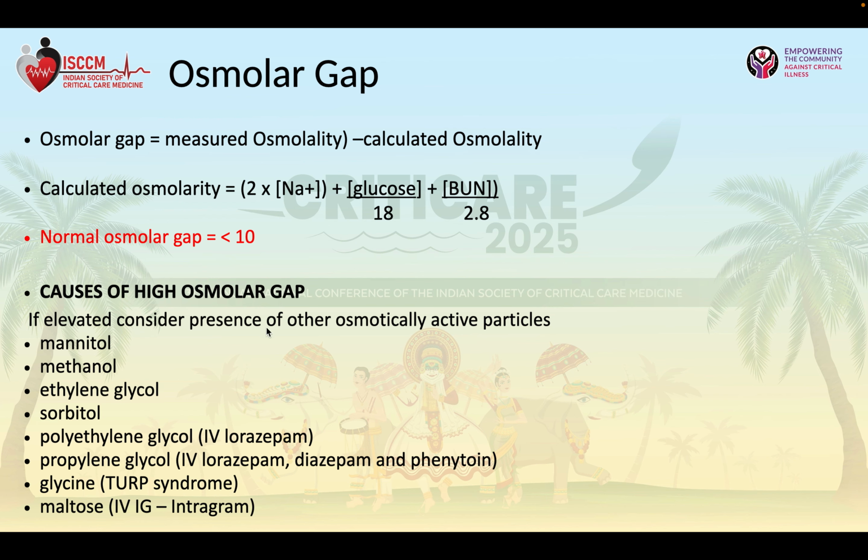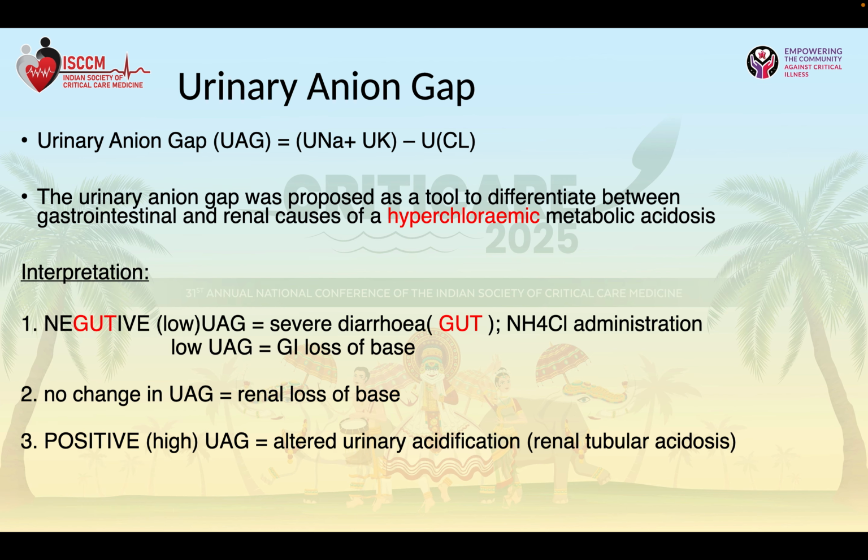So these are the causes of high osmolar gap: mannitol, methanol, ethylene glycol, sorbitol, IV lorazepam, diazepam, or phenytoin, glycine, or TURP syndrome, and maltose. So these are all the causes of osmolar gap.